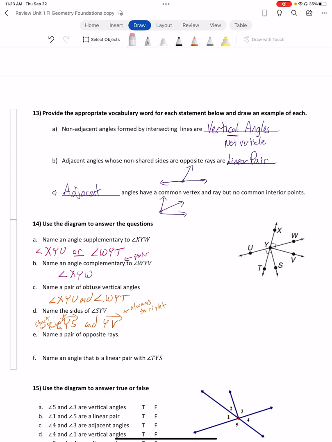All right, so I look at this line right here. And I know I have a ray that goes this way and a ray that goes this way. So YU would be one, and the opposite ray to that would be the one that's going in the other direction, YW.